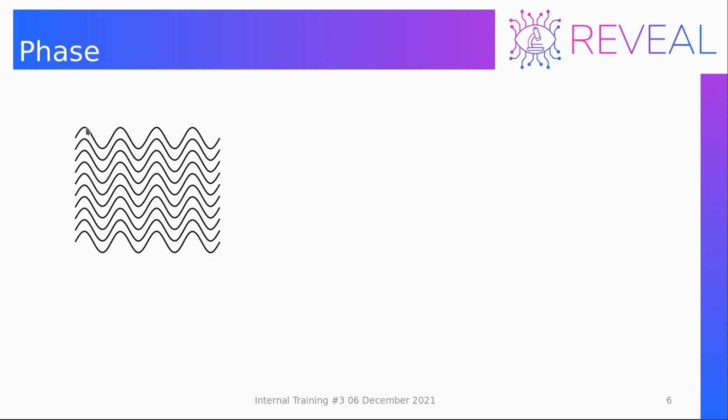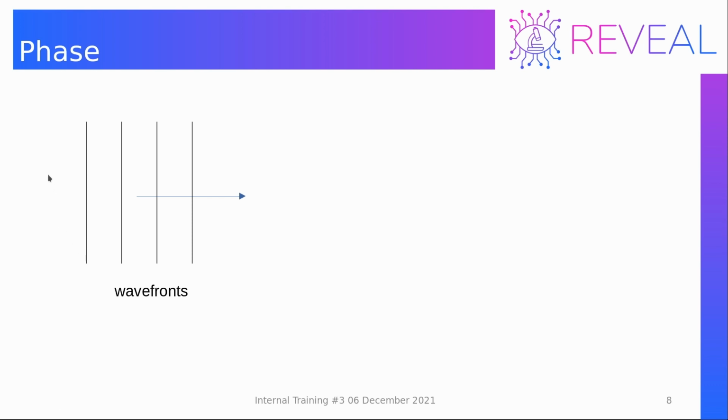Now if we connect the peaks of each wave with each other, we will create a surface, a line. And because we distributed the waves so that the peaks are aligned, of course we will create straight lines. These lines are called wavefronts.